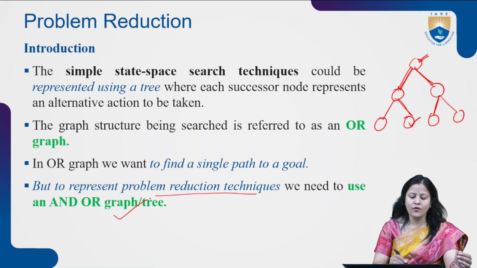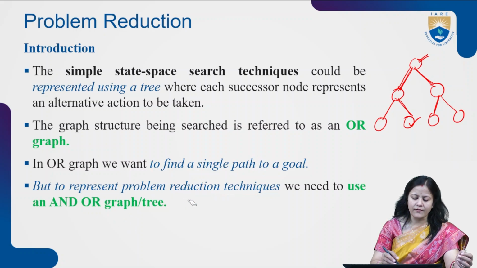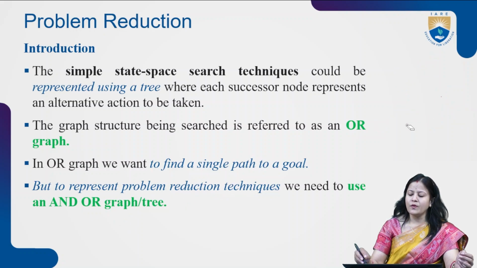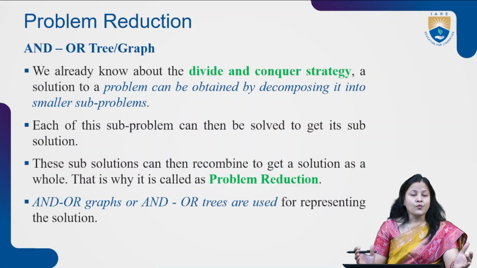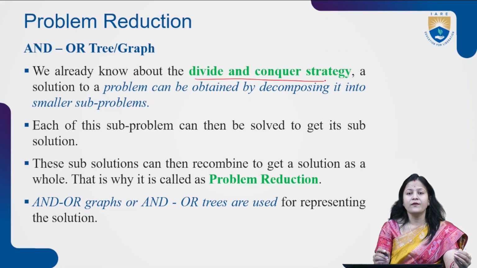We have to go for an AND OR graph or AND OR tree, where 2 structures will be there: one is the OR graph as well as the AND graph. Now let me introduce the meaning of an AND OR graph or AND OR tree. As we know about the divide and conquer strategy, which you might have known from mathematics, and even in data structures, we used to divide the problem into smaller problems.